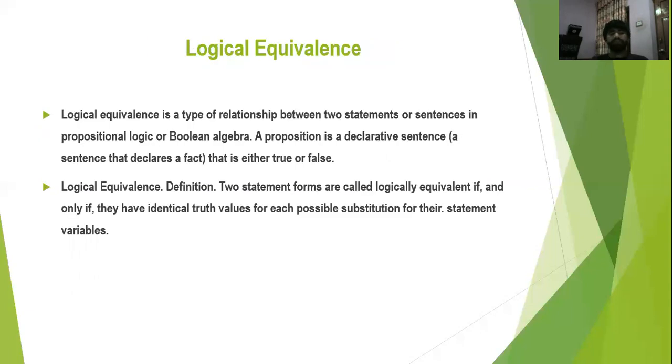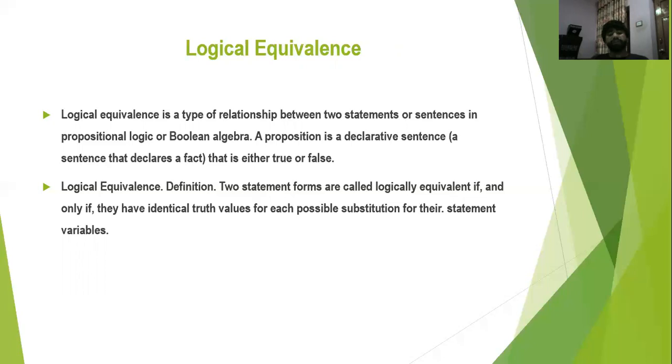Here is logical equivalence. What is logical equivalence? Logical equivalence is a type of relationship between two statements or sentences in propositional logic or Boolean algebra. It shows a relation between two statements.